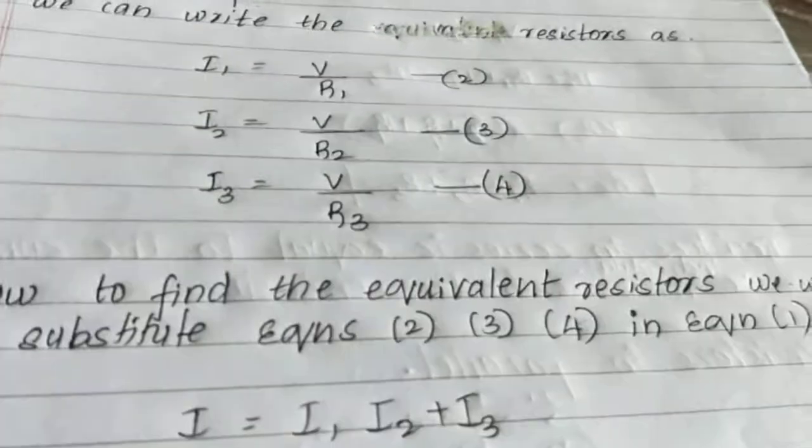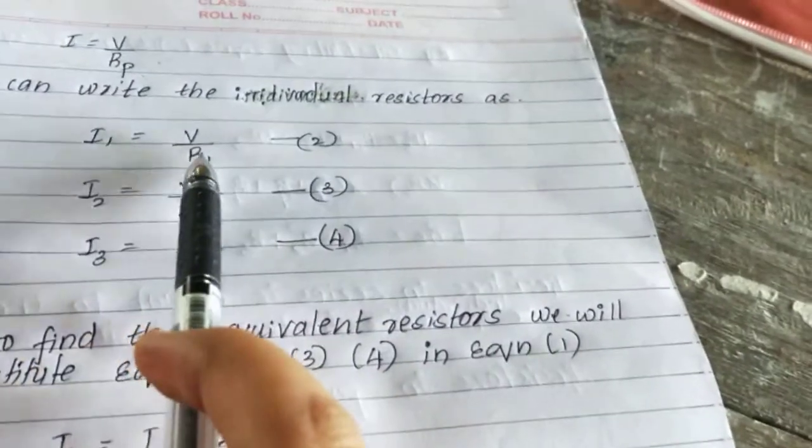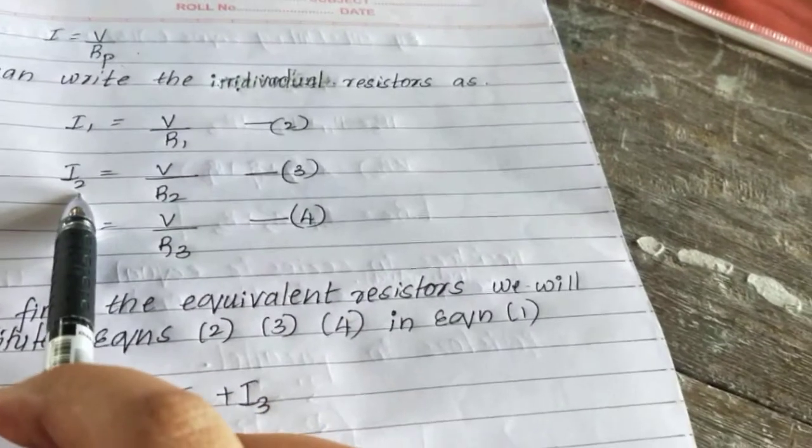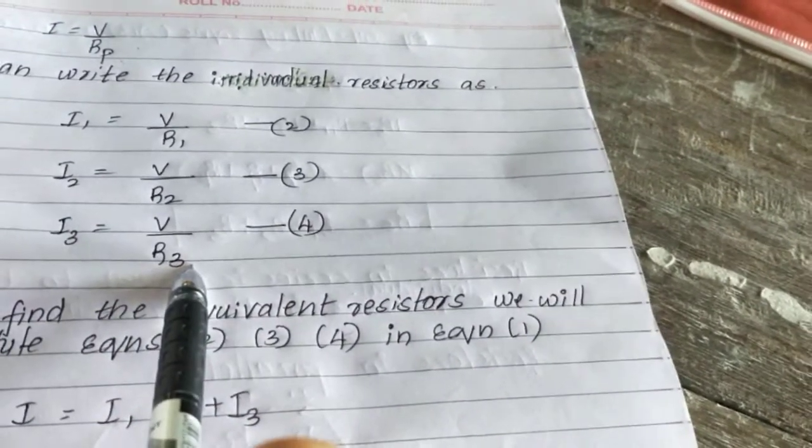Now we can write the current flowing through the individual resistors: I1 is equal to V by R1, I2 is equal to V by R2 and I3 is equal to V by R3.